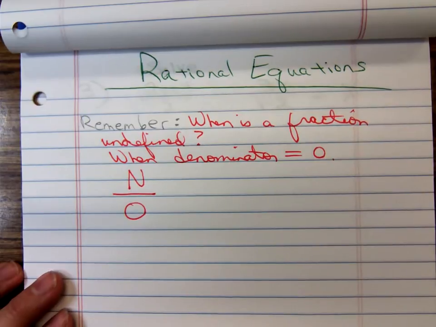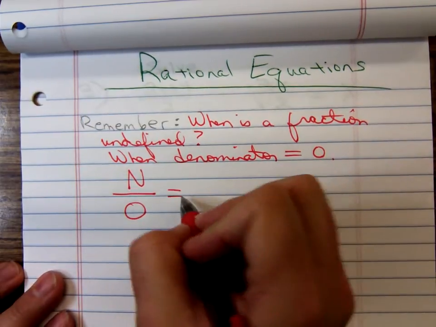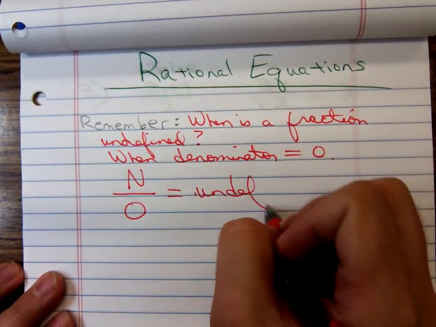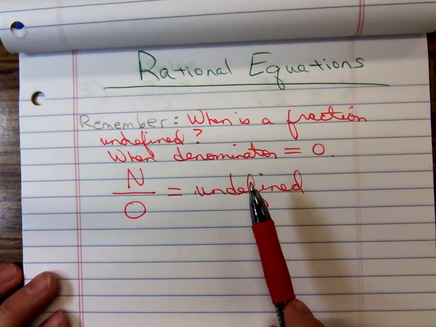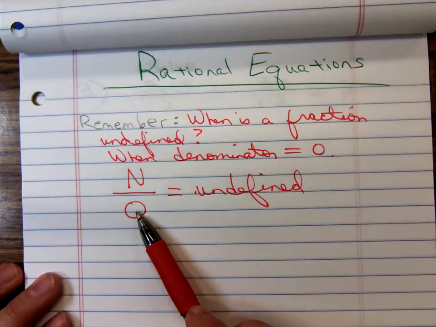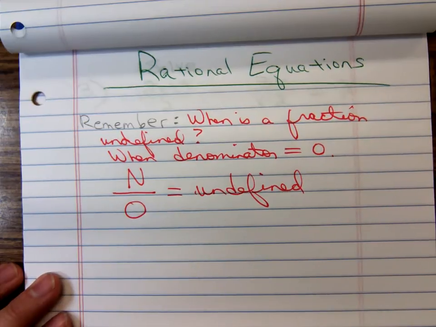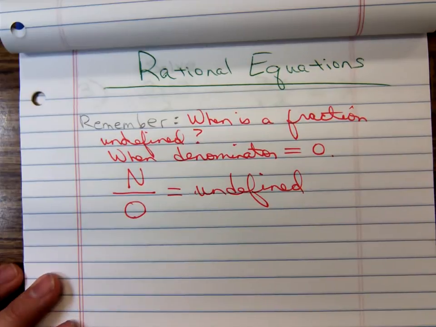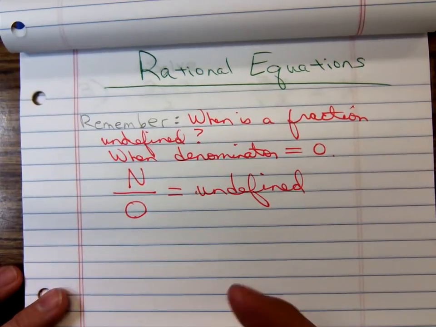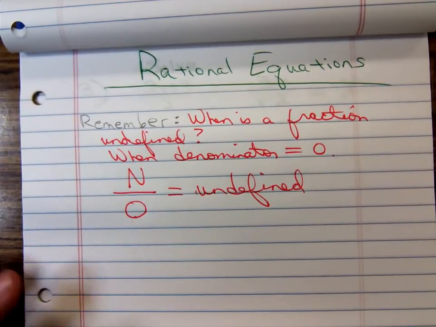No, you can't perform that division. That fraction, that division, is not defined. Because no matter what number you put here, when you multiply it by 0, it doesn't give you back that number up there on top, because if you're multiplying by 0, you're going to get a 0. So just remember, fractions are undefined when the denominator's equal to 0.